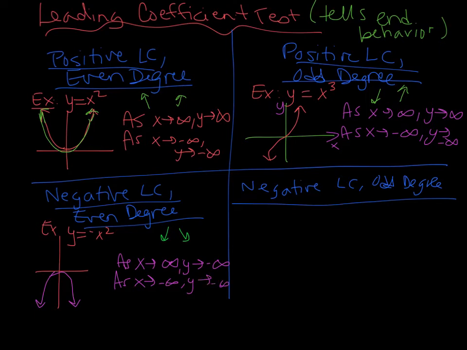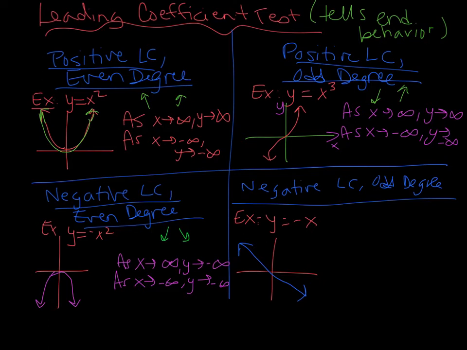So our last one is if we have a negative leading coefficient and an odd degree. For example, if you have y equals negative x. Don't forget the degree is 1 because there's kind of an invisible first power here. The leading coefficient is negative 1. So when you draw it, if you remember, it looks like this.